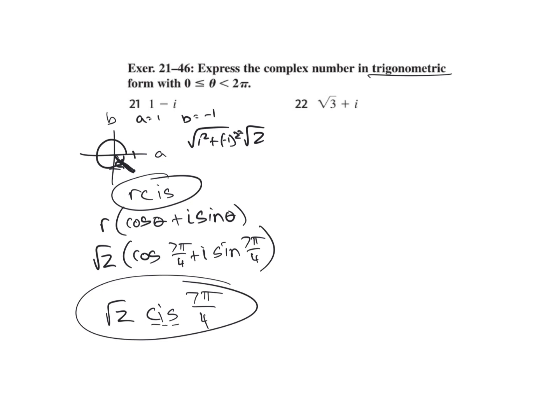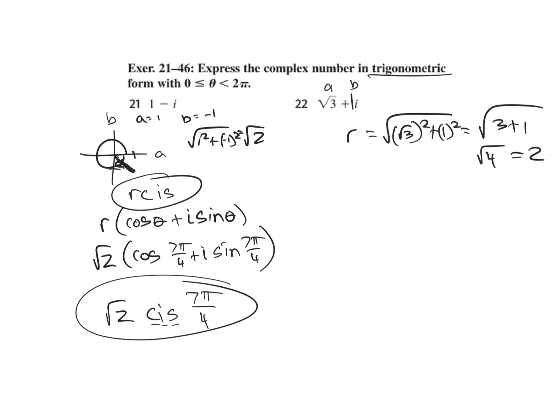Okay, so 22, let's find the modulus first. We're just going to continue to call it modulus, which is the same thing as magnitude. So that is square root of 3 squared plus 1 squared. That is 3 plus 1, or square root of 4, or 2. All right, so your a is square root of 3, your b is 1.